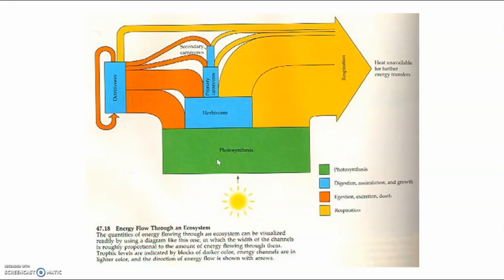Some of that energy is transferred to the herbivores. Some of the energy in the herbivores is transferred to the primary consumers and the secondary consumers up here. On every step, some of the energy is lost because some of the glucose produced in photosynthesis is broken down in the plants themselves in cellular respiration.